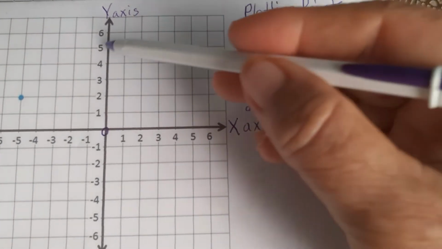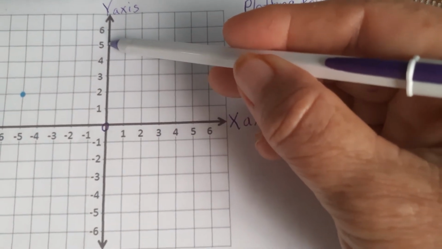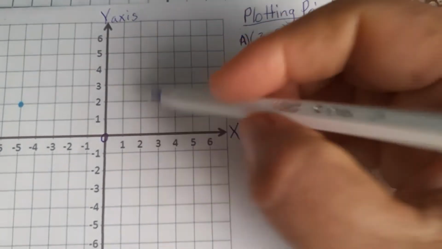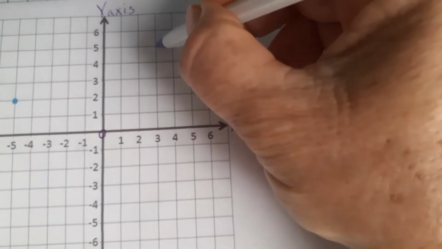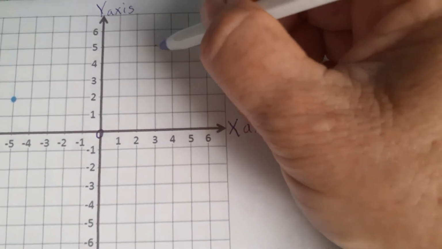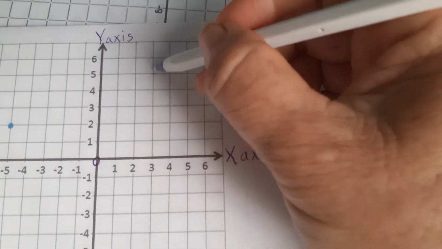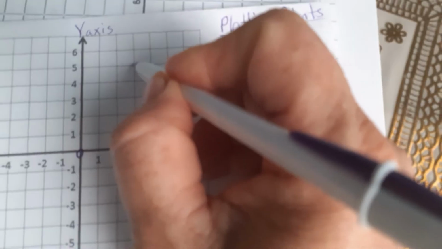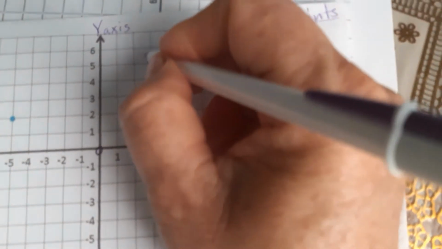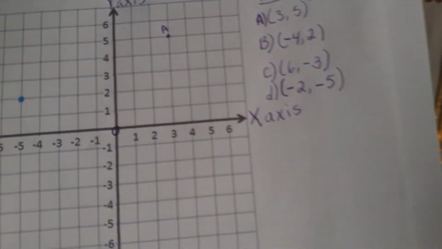So you go up, here is the y, the 5 on the y axis. So you move up, and here is where the x and the y intersect. All right, this is where they join. So you're going to plot the point right there, and you're going to name it A, point A.